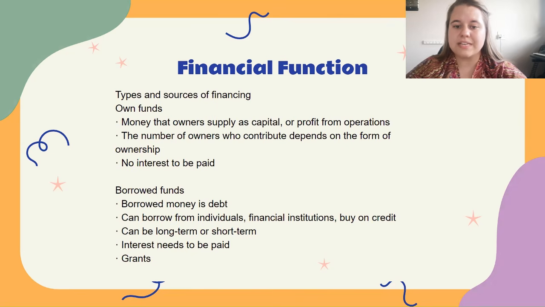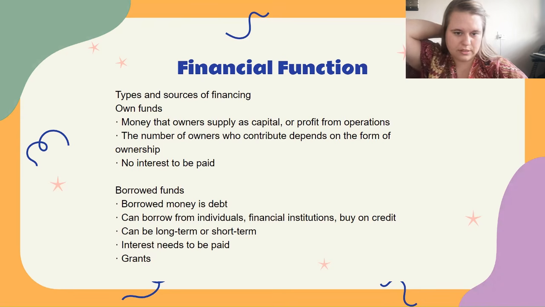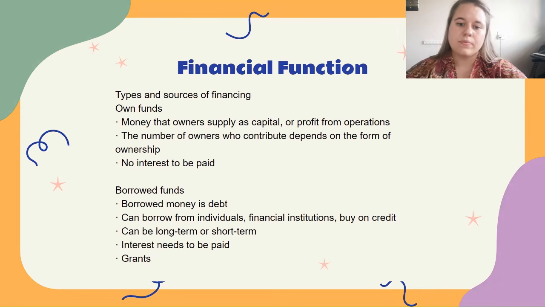We have types and sources of finances. So we've got our own finances and we also have borrowed finances. Own funds is money that owners supply as capital or profit from operations.